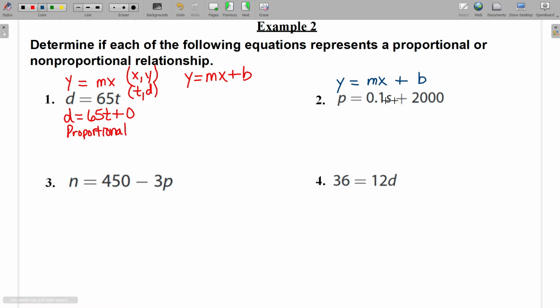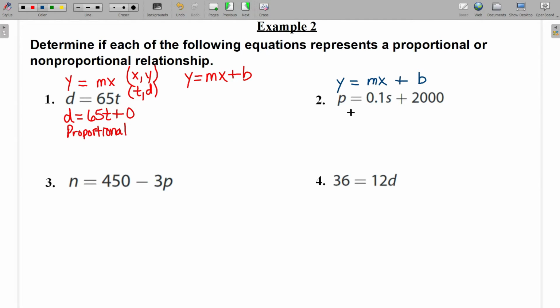So this follows the exact format of y equals mx plus b, in more general terms, because it does have different variables for y and x with p and s respectively. So this is actually going to be a linear equation because it does follow a linear format of y equals mx plus b.